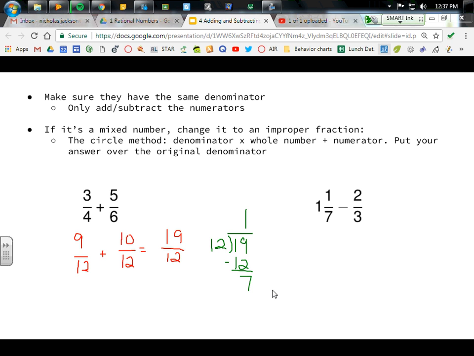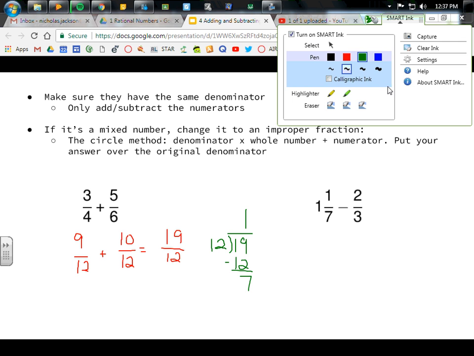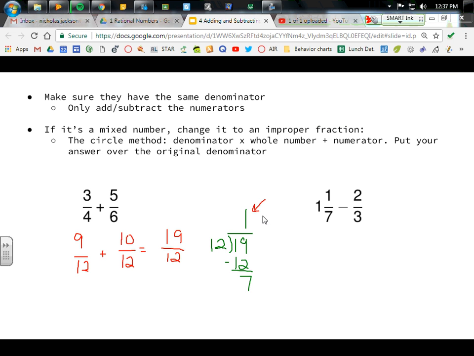So right here, we have absolutely everything we need to make our mixed number. This is going to be our whole number. This will be our new numerator, and this will be our new denominator. All the pieces are right here. So 19/12 becomes 1 and 7/12.